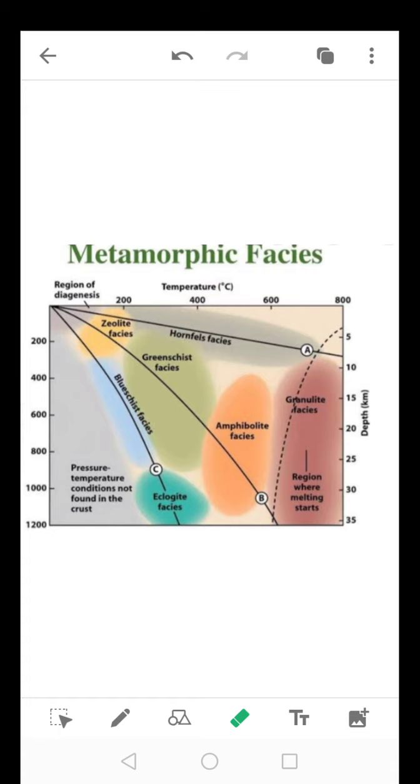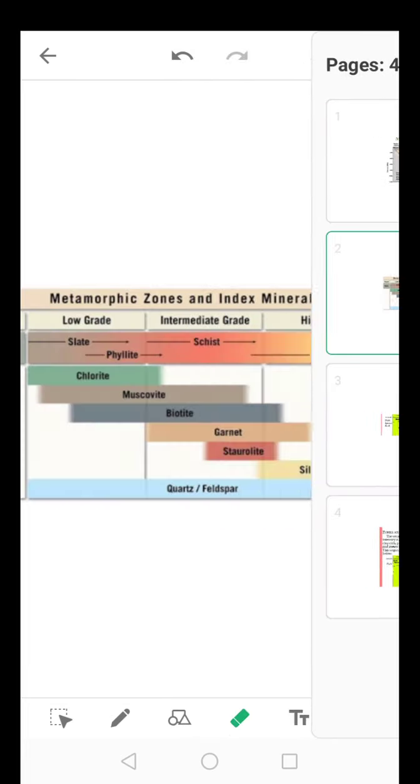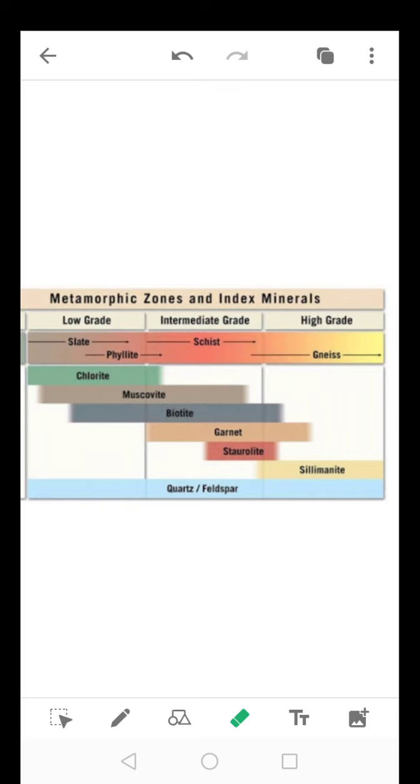How is that the case? For instance, let's say we have low grade, intermediate, and high grade metamorphic zones. You can tell that within each zone we have different rocks.